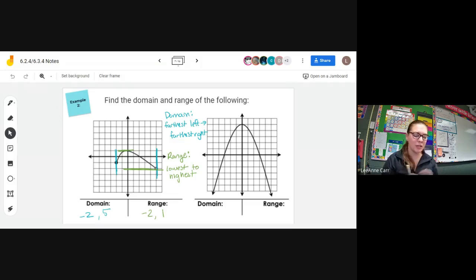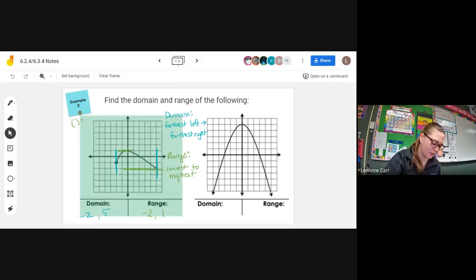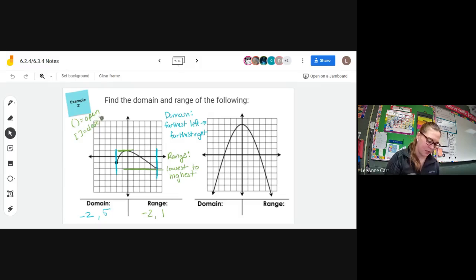The only thing I need to do is decide how to write my brackets or parentheses. Parentheses is for an open circle. Brackets is for closed. So we can see over here that this left point is closed. The right point is open. I've kind of colored over it, but hopefully you guys can see that.